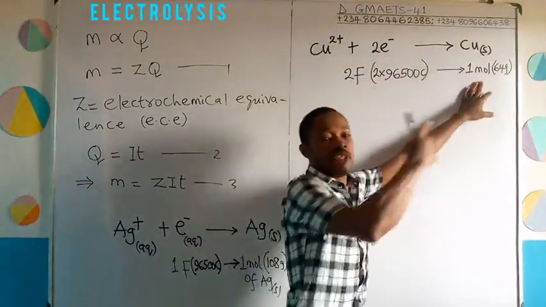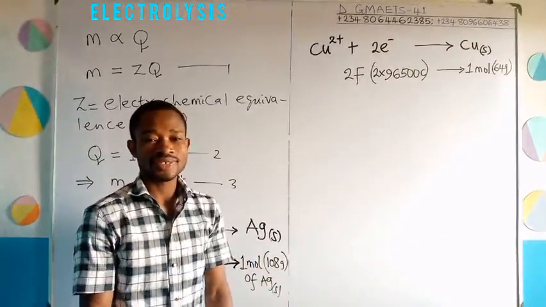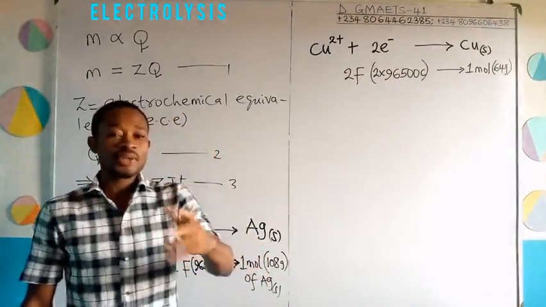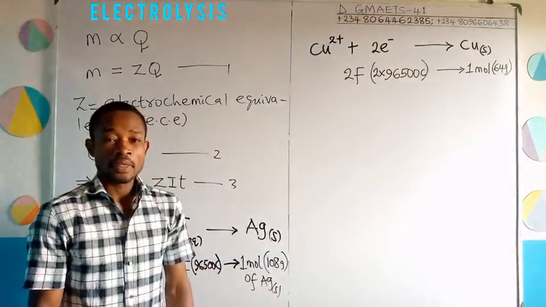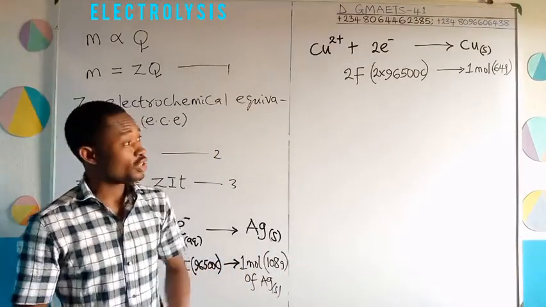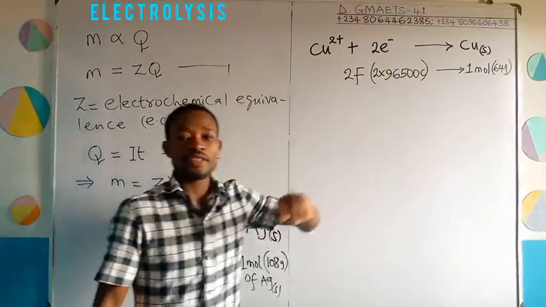What mass of the divalent metal will be discharged at the cathode? Please take note, it's not always compulsory that it is mass you'll be asked to find. Your examiner can still choose to say, okay, you know this as a standard, fine.